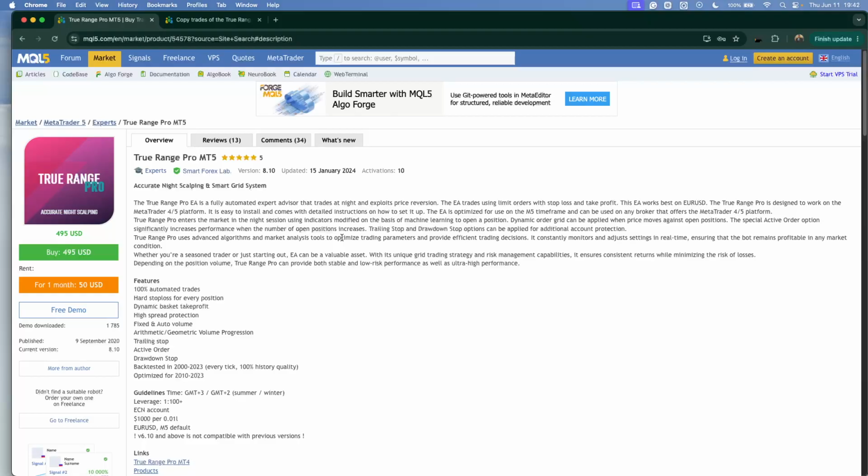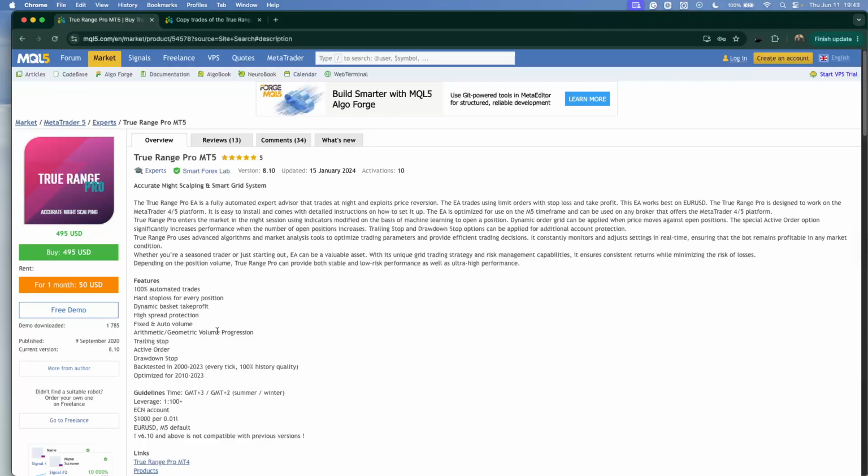Now, talking about the mechanism of the expert advisor, it's a fully automated night scalper that exploits price reversion using limit orders with stop loss and take profit. It enters during the night session based on indicators modified with machine learning like the RSI and the ATR based patterns for overextensions. If price moves against it, it applies a dynamic grid, and it also has this special active order feature that boosts performance with more open positions.